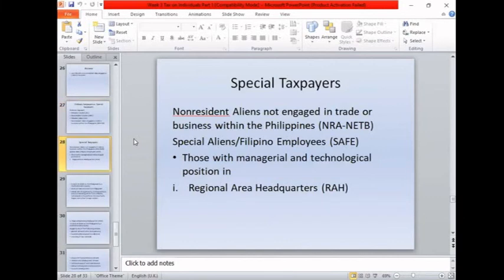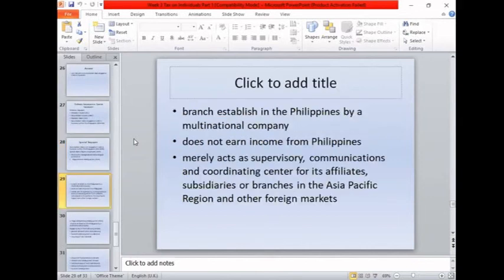While the special taxpayers, these are the non-resident aliens not engaged in trade or business in the Philippines, and also special aliens and Filipino employees who hold a managerial and technical position in the regional area headquarters or a branch established in the Philippines by a multinational company, and this company does not earn income from the Philippines.